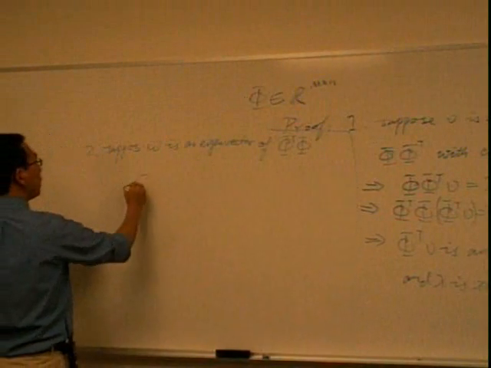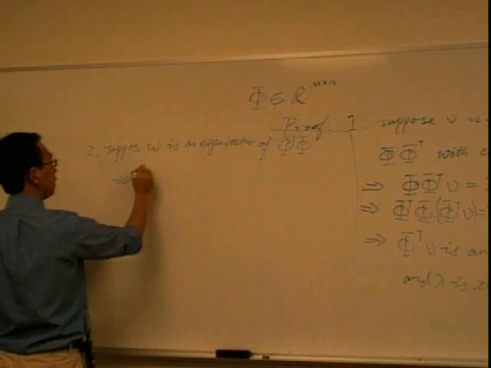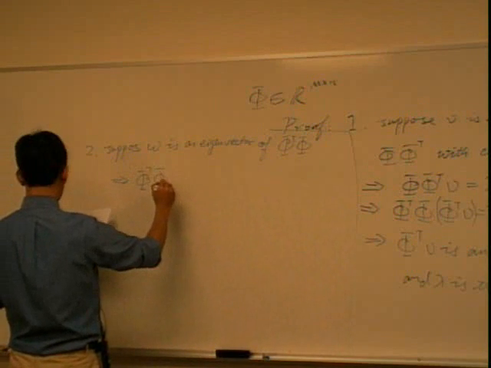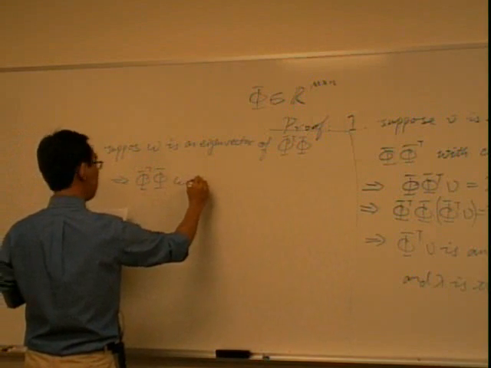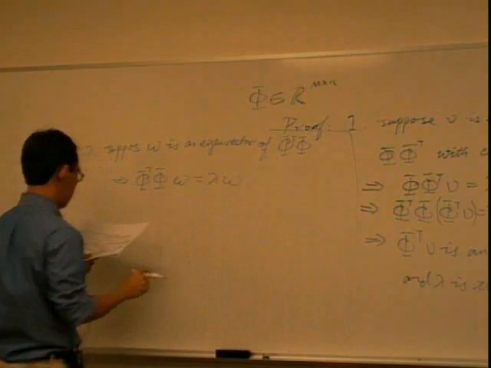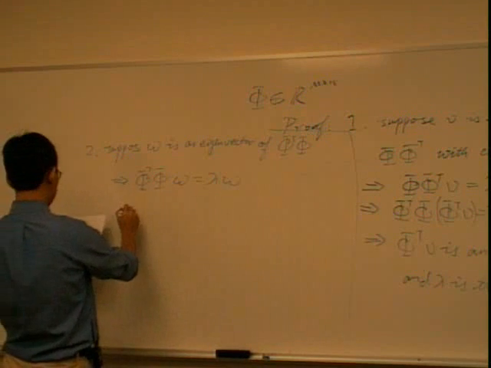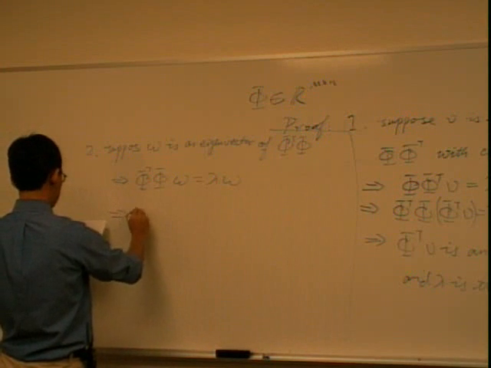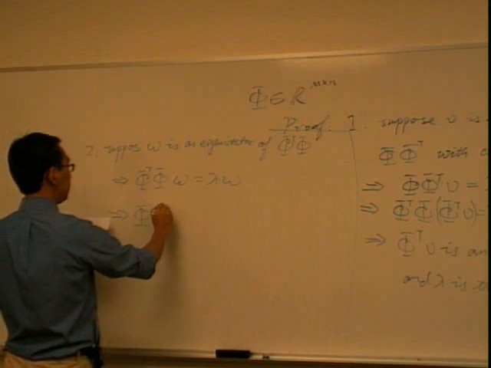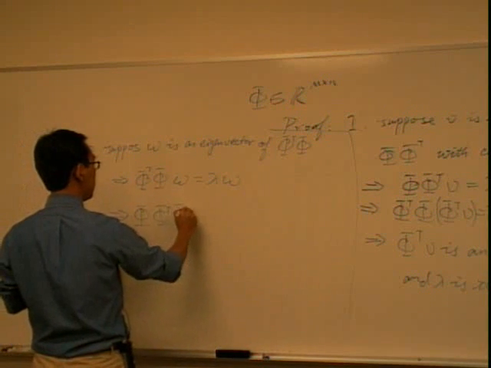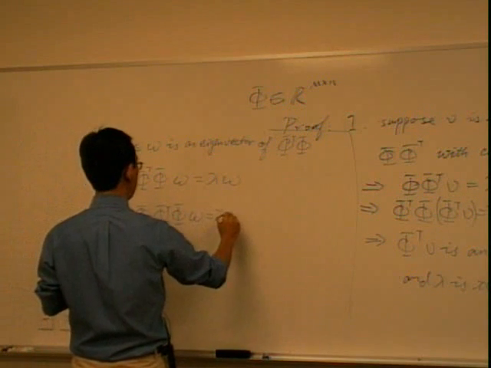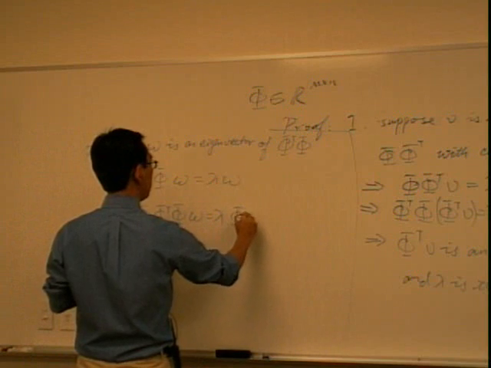We know by definition that phi transpose phi w equals lambda w. Okay? Which means phi phi transpose phi w equals lambda phi w.